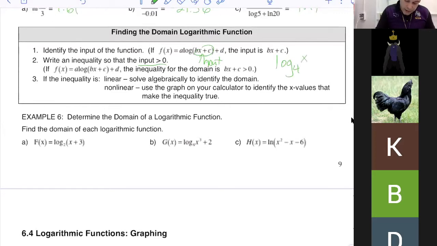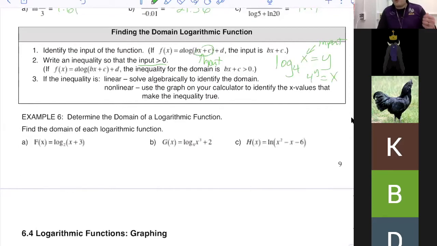Let's go x equal to y. So now if you look at this equation here, 4 to the y is equal to x, where x is my input. And there's nothing that I could raise 4 to that's going to give me 0. There's not even a negative number.